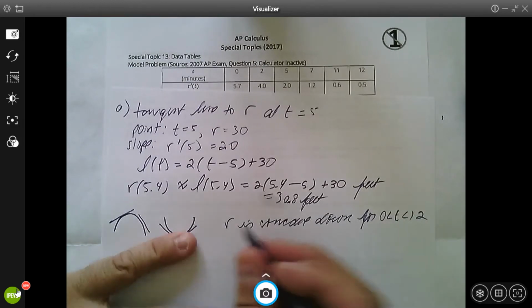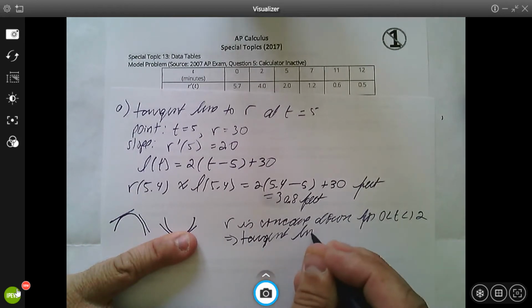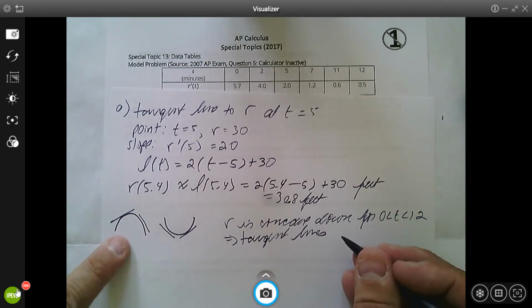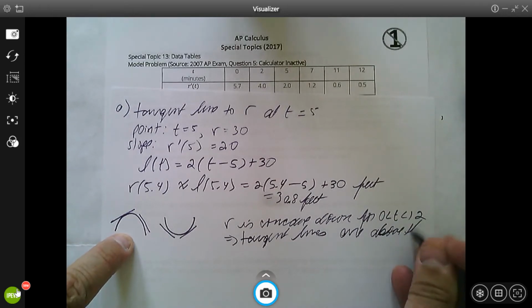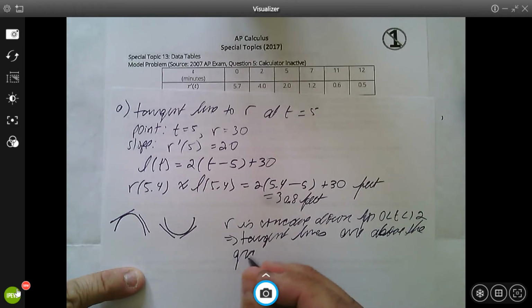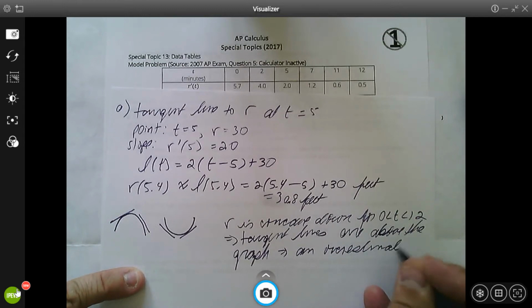Since r is concave down, your tangent lines, remember we said concave down, tangent lines are above the graph, which means that you're going to have an overestimate.